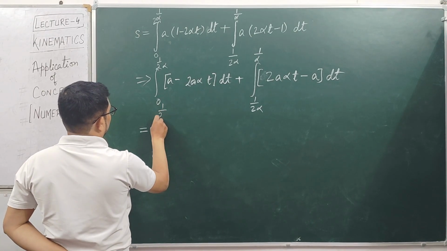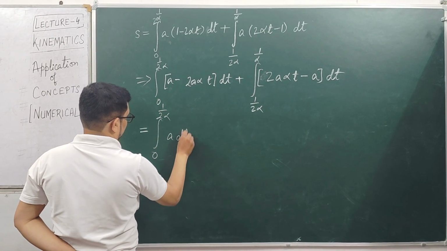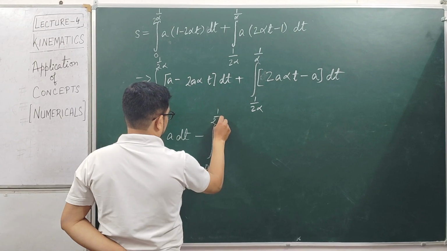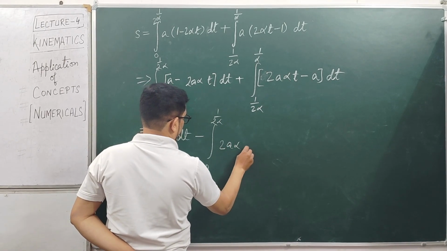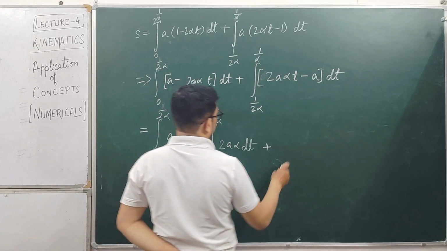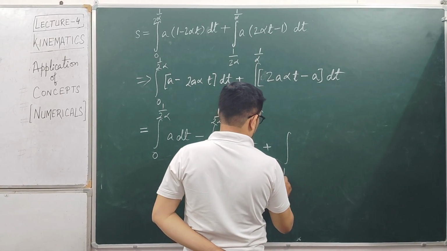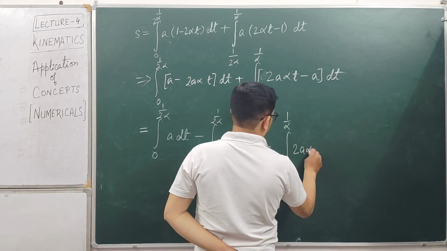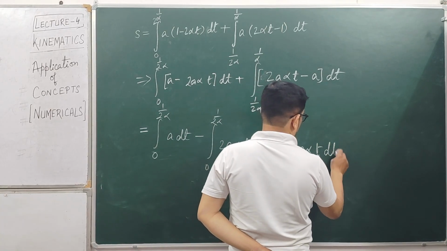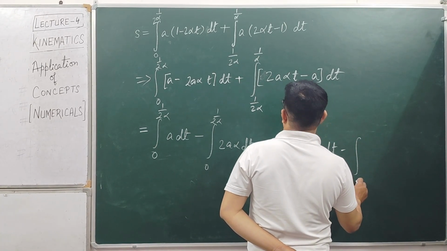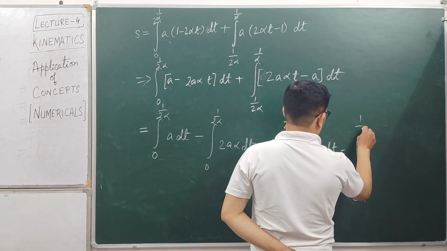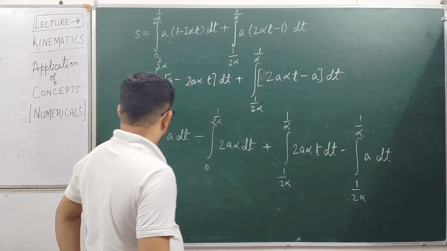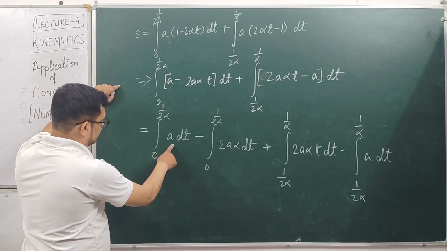It's 0 to 1 over 2 alpha, so it becomes a dt minus. So now we are going to integrate this, it becomes t.